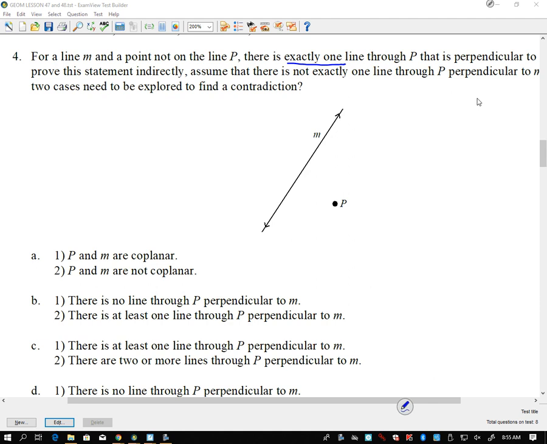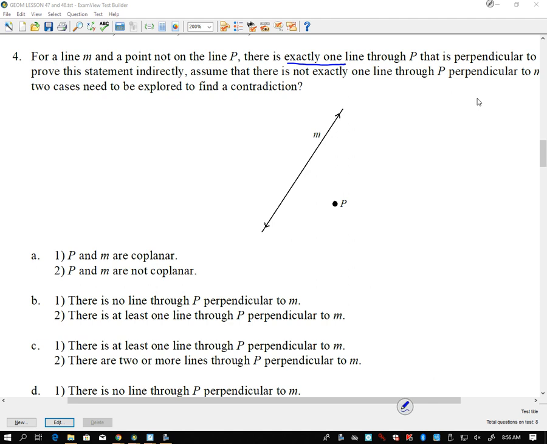Anything that's not what? How many lines are not one line? 2? Or anything more than 1? Or how about 0? So what I need to prove is that there are either 0 lines that are perpendicular from point P to line M, or that there are more than 1 lines through point P that are perpendicular to line M.